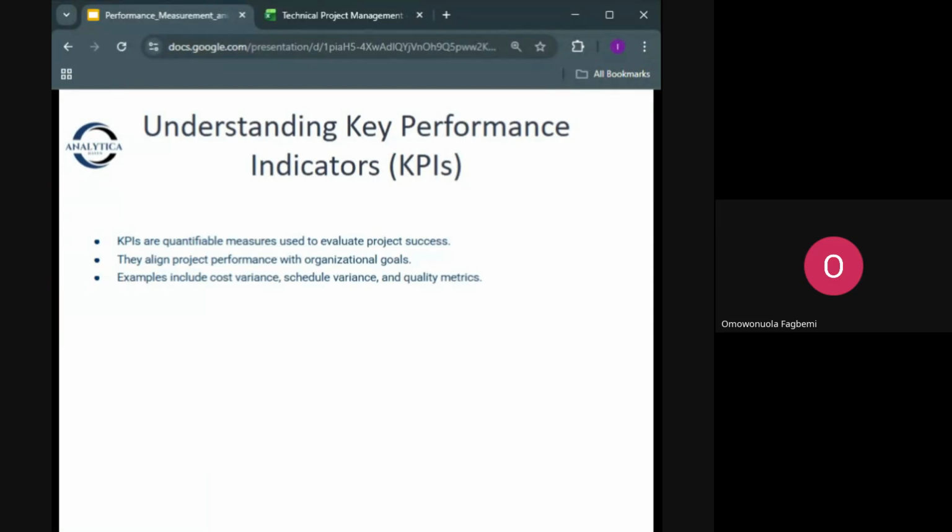For a duplex, some KPIs could be cost variance: are we spending more or less than planned? Schedule variance: are activities like cooking and painting on time? Quality metrics: are the materials meeting required standards? So each KPI provides an objective measure of progress and success.